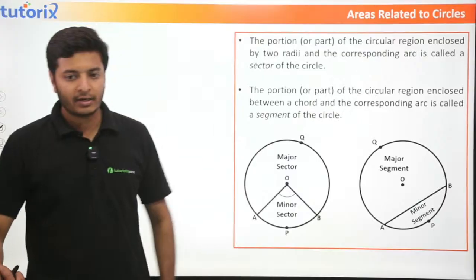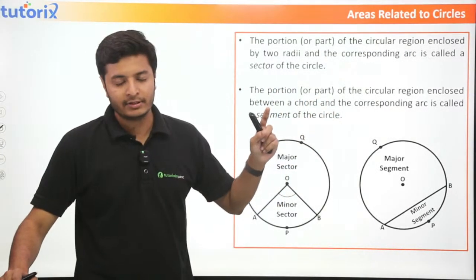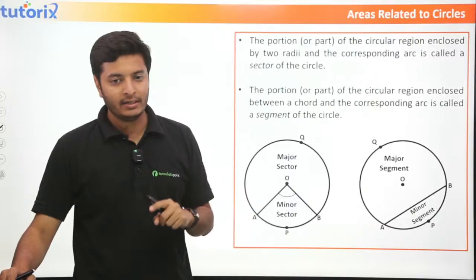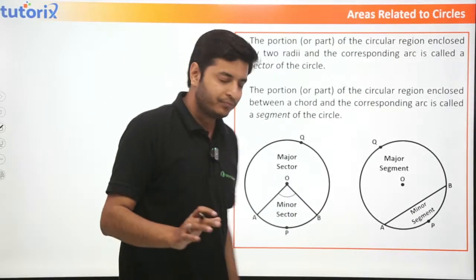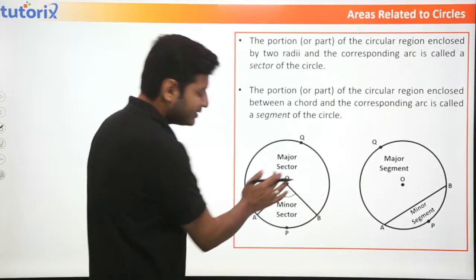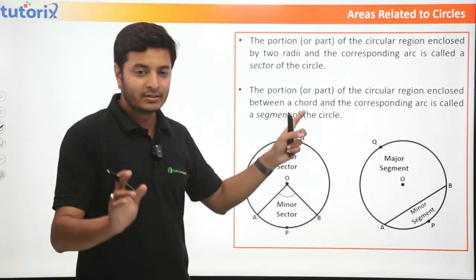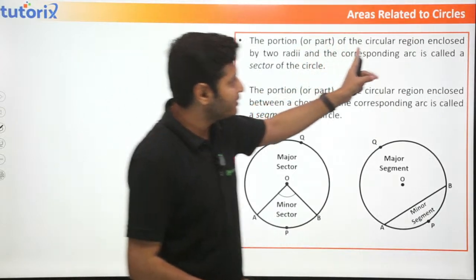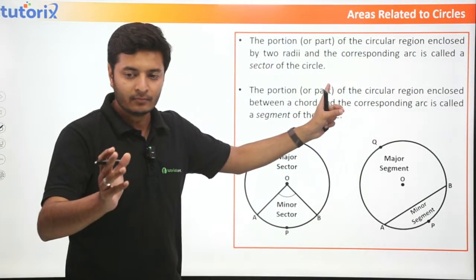Now let's come back to the topic. The portion or part of the circular region enclosed by two radii and the corresponding arc is known as sector of that circle. Consider this circle. The center point is O. According to the definition of sector, we are saying the portion of the circular region enclosed by two radii.